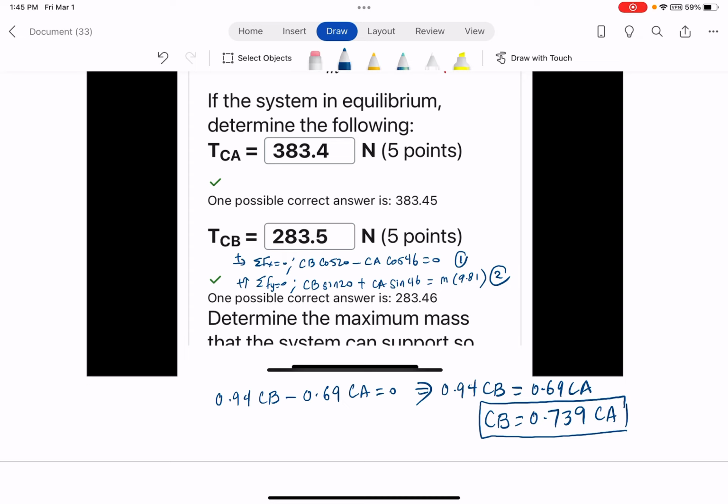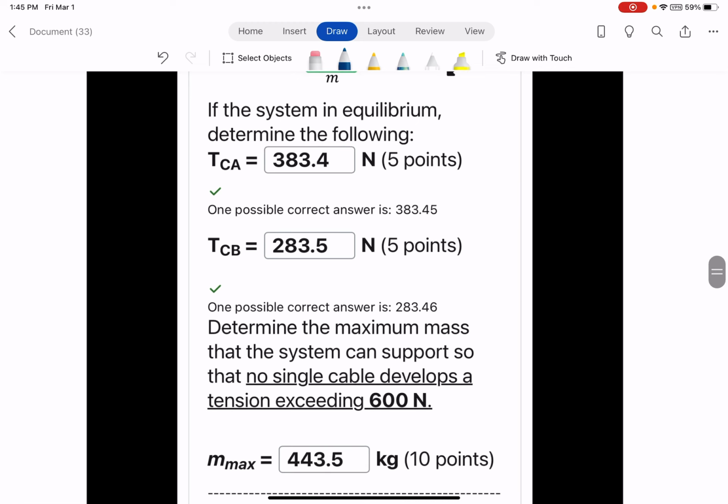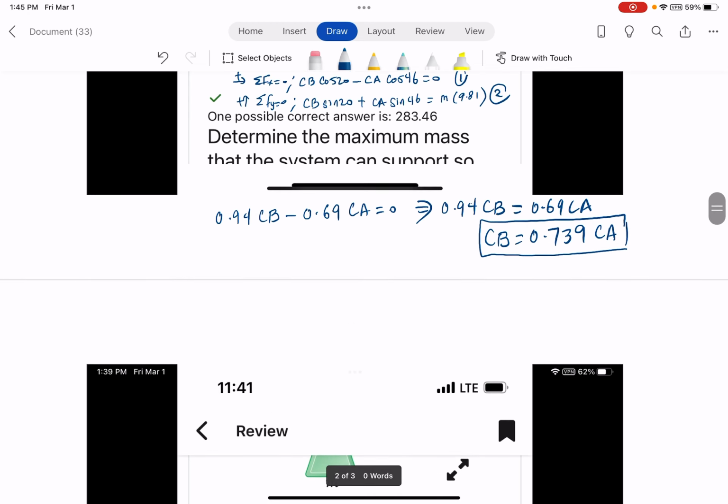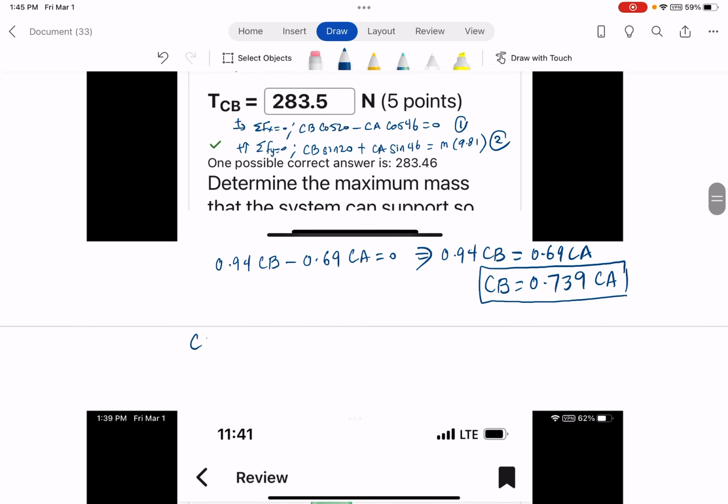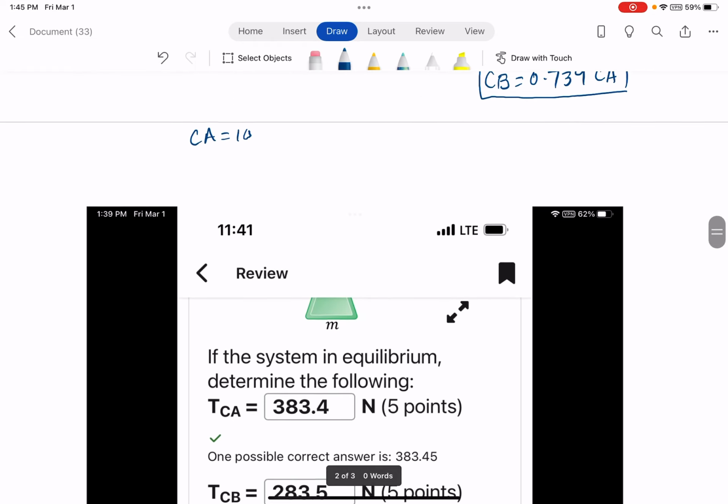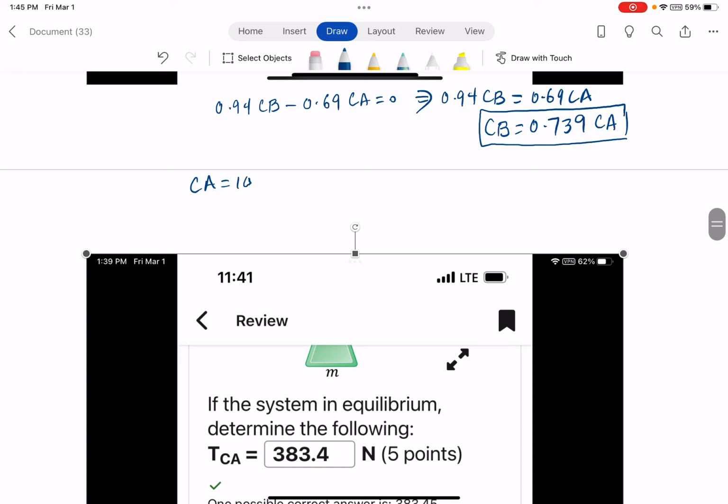Which means, which one of these cables is the largest? I could see that CA is the largest, because if you assume CA is 100 Newton, then CB will be 73.9, which means that CA is larger. So I'm going to assume that the largest cable will have 600 Newton, which is CA. So CA is 600 Newton.